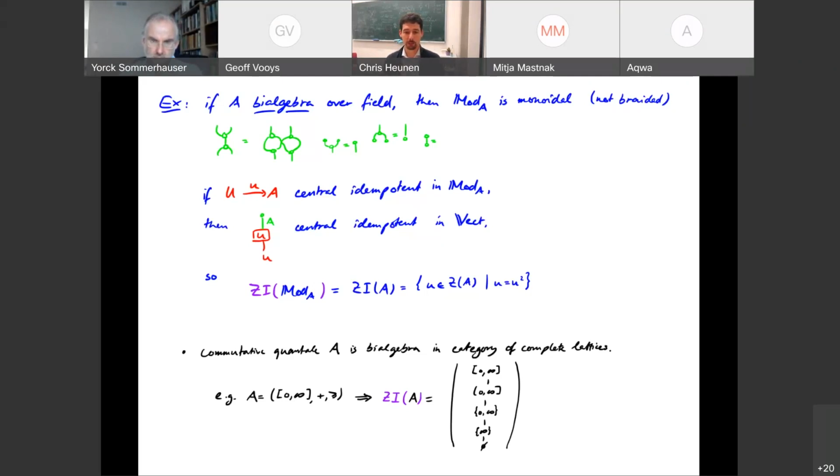That has to be a central idempotent in vector spaces, that composition. But there's only two such things, and you can pull that back to find out that the central idempotents of the category of modules over your bialgebra are now literally the same thing as the central idempotents of the bialgebra. So again, by that I mean all the elements of the center of the bialgebra that square to itself.